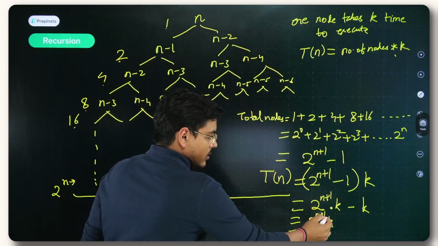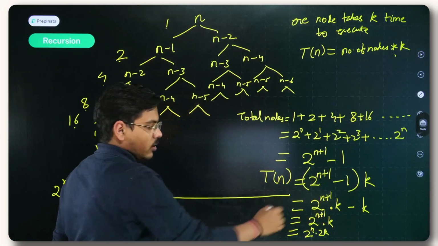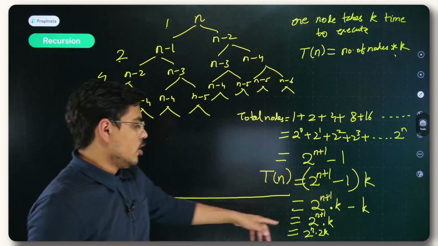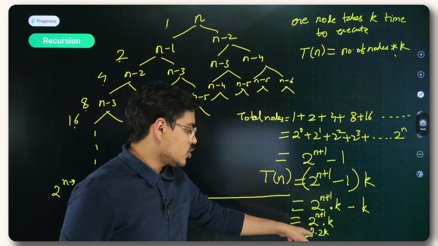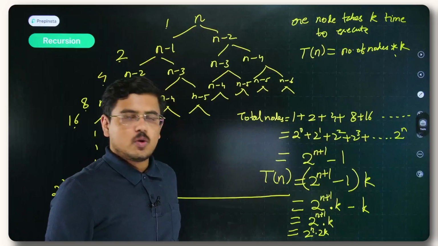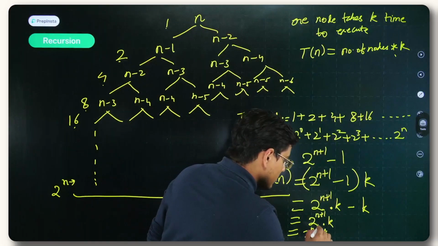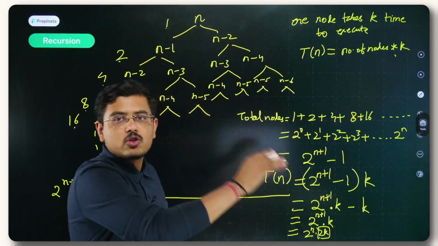Basically, we just separate the 2's power 1 from the 2's power n. So we get 2's power n into 2k. This is again some constant, so I'll neglect this constant as well.